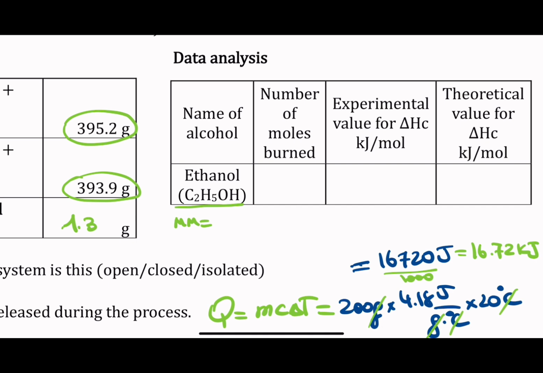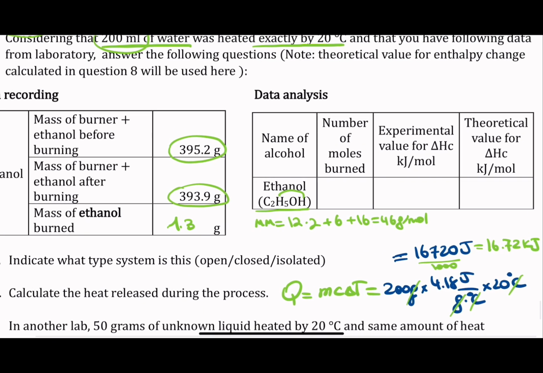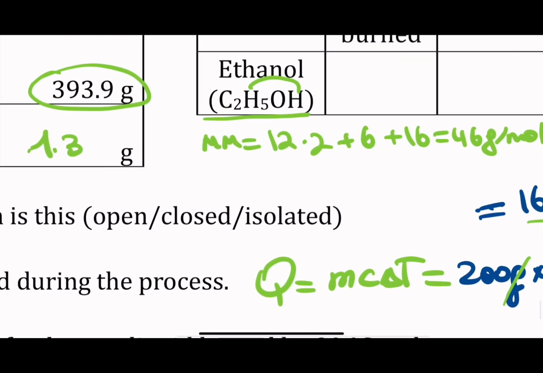We have 2 carbons, so 12 times 2. We have 6 hydrogens, and oxygen is 16, so it is 46 gram per mole. Now, number of moles, it would be 1.3 divided by 46, and this will give you the number of moles, which is 0.0282.